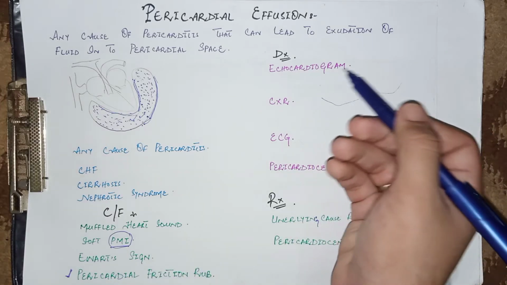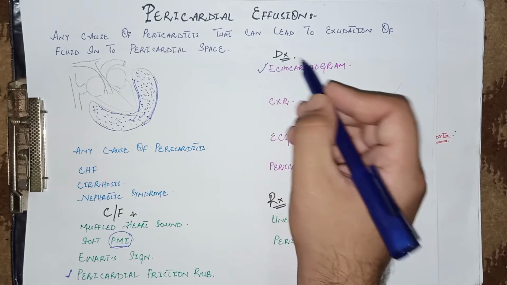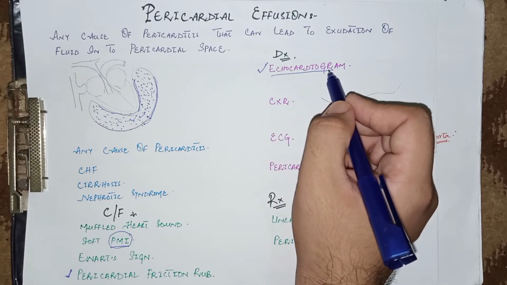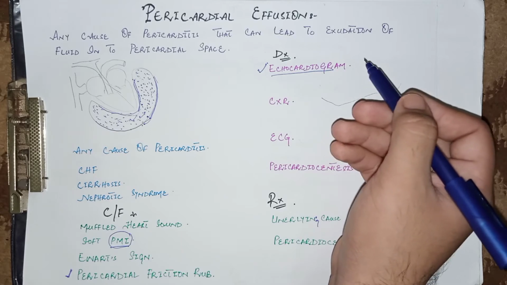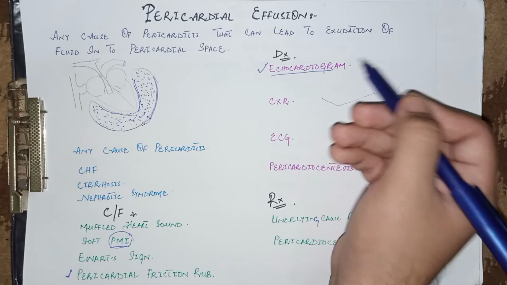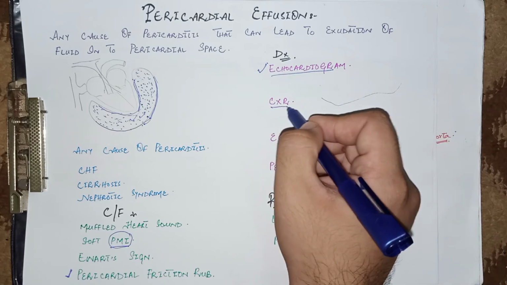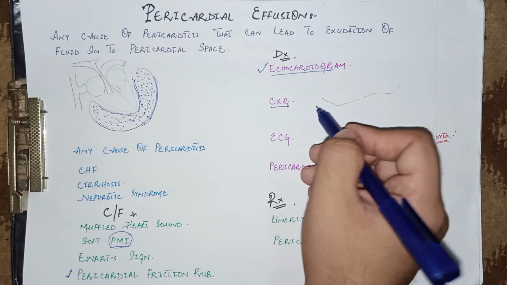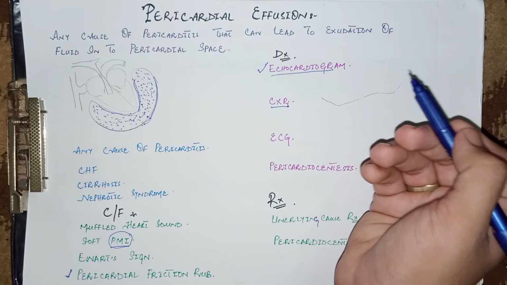Now come to the investigations in case of pericardial effusion, which include the gold standard investigation, which is echocardiogram. It is the investigation of choice, and it confirms the presence or absence of significant effusion. The other investigations include chest X-ray, which shows a large globular heart, or in common words, a water bottle shaped heart.